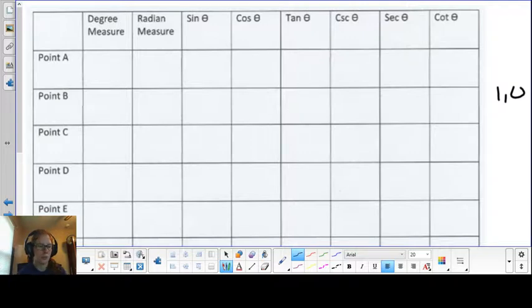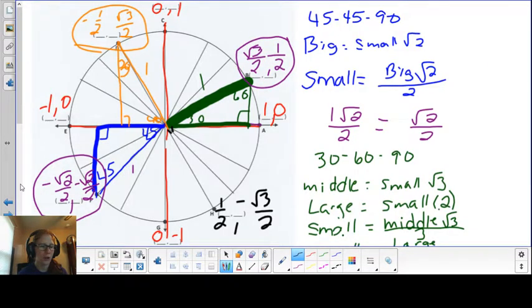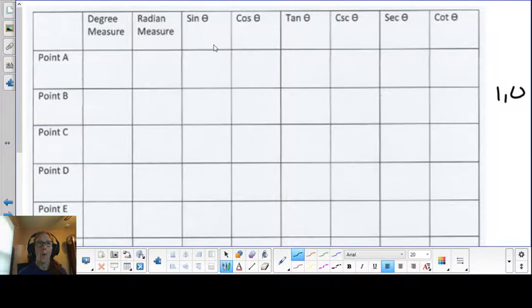Our coordinate points here, my 1, 0, 0, 1, -1/2, √3/2, those are actually trig function answers. What? Blowing your mind. These coordinate points, like point A that I wrote in black, are a version of sine and cosine. One is sine, one is cosine.